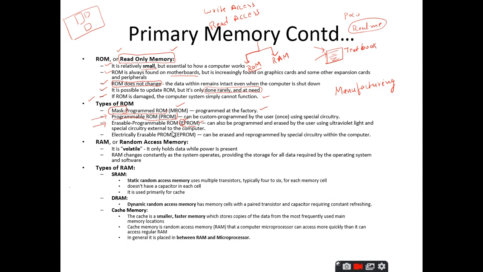That means you can erase the previous contents and you can dump the new contents also. This is the purpose of EPROM. So, for dumping the content, you require some special circuitry, and for erasing, you require devices which support the ultraviolet rays. You require devices which support the UV rays for erasing the contents.